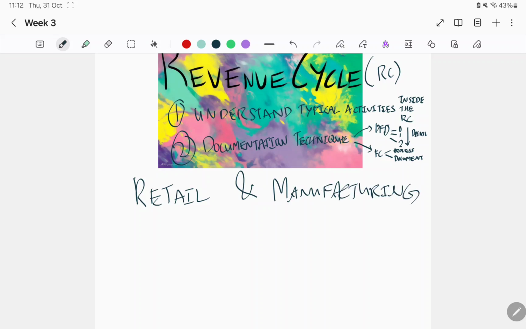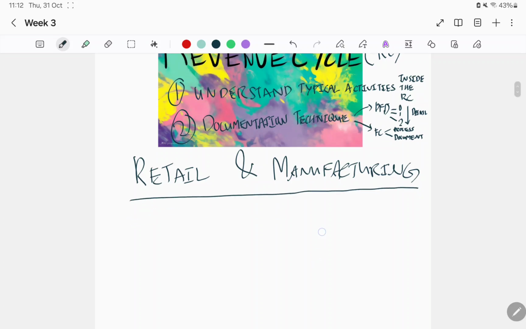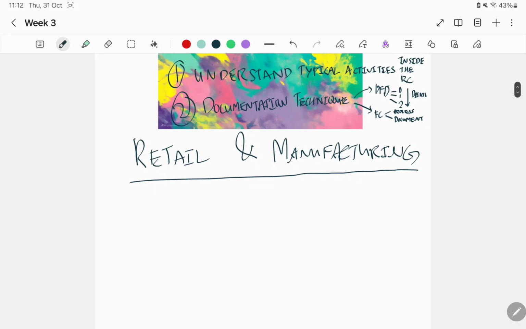This typical means what is general. General activities that we will see when a business that is retail or a business that is manufacturing wants to earn money, and what happens in their revenue cycle.